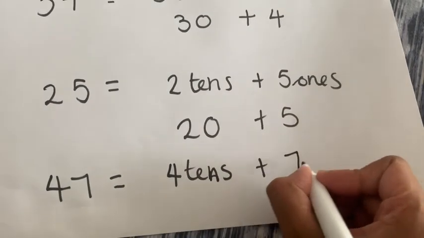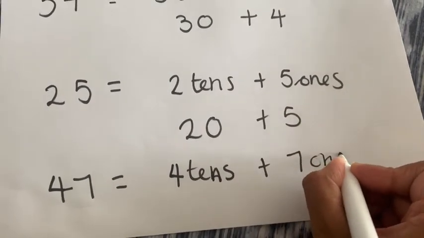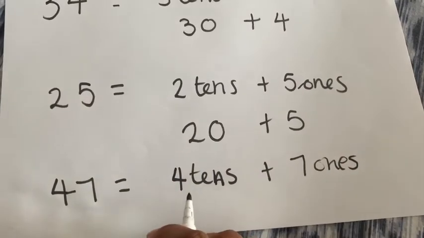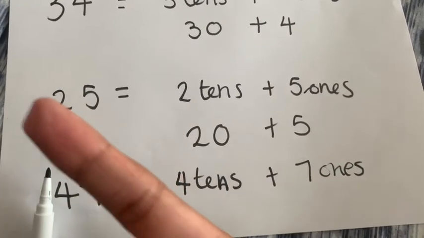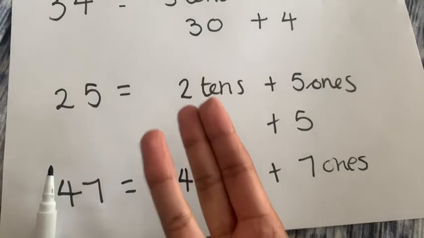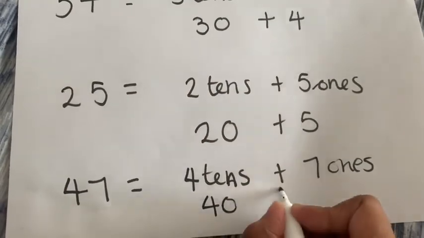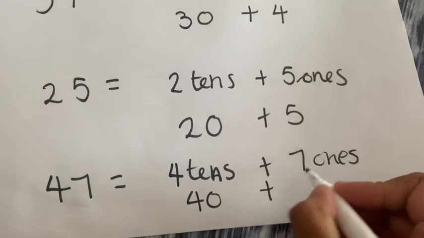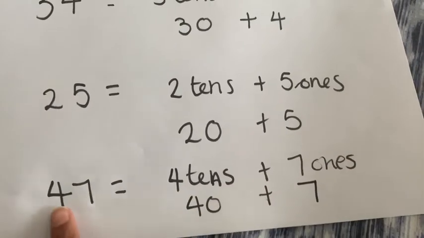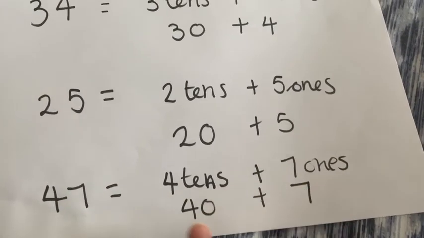And it has 7 ones. 4 tens, 10, 20, 30, 40. 7 ones make 7. So 47 is the same as 40 add 7.